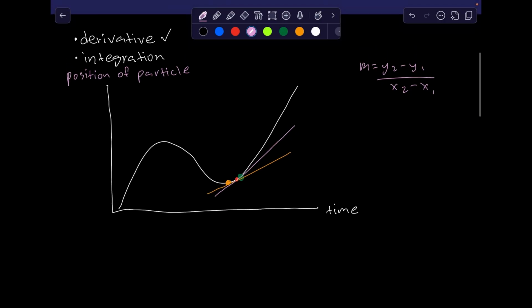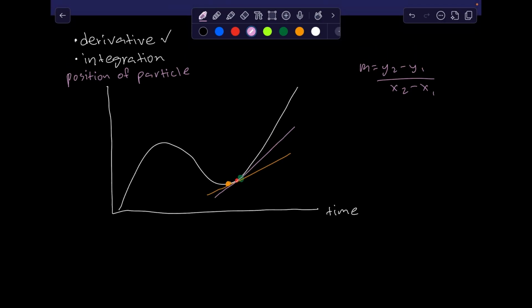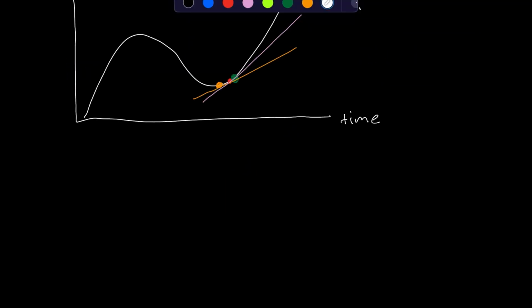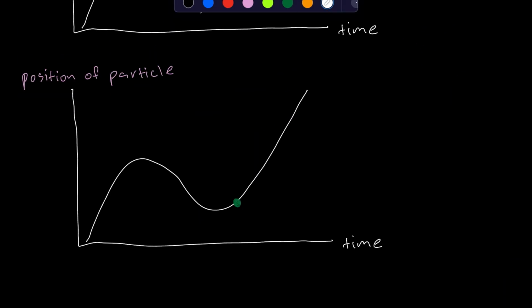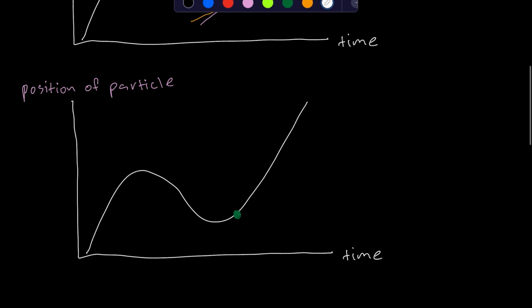Kind of tough to get something that's exact, but that's where we get into the calculus of it. And that's exactly where calculus comes in. So instead of us approximating by using a bunch of secants, a bunch of points that are infinitely closer, you see me drawing along those, and a bunch of secants.